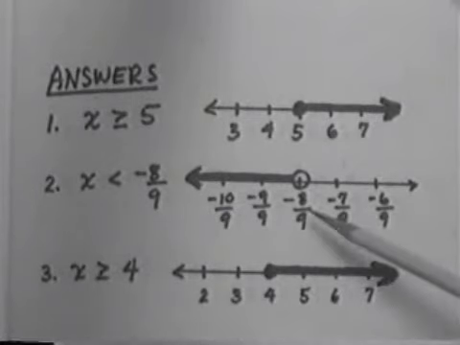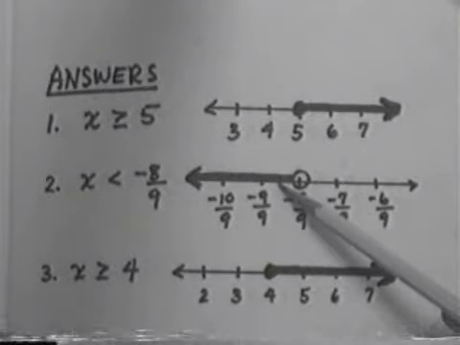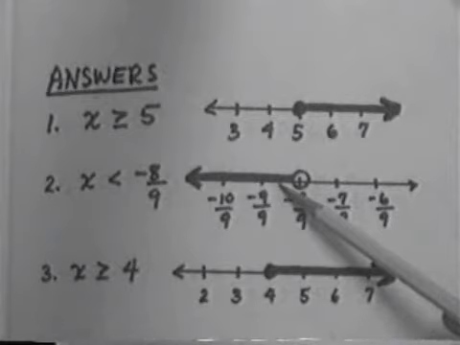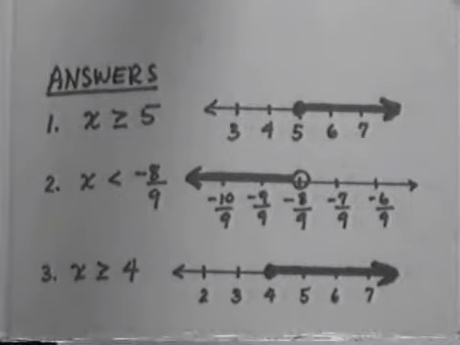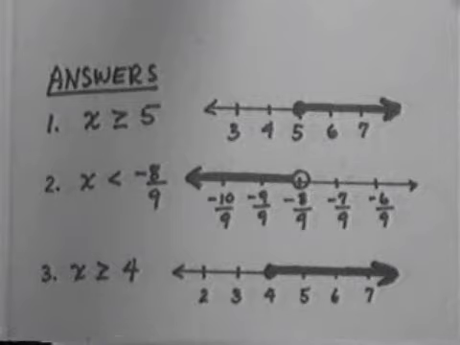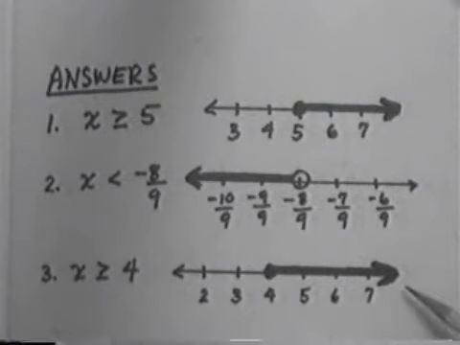The graph shows -8/9 as the boundary number, circle on that point and shading to the left. For exercise 3, x is greater than or equal to 4. On your graph, 4, the boundary number is filled in, and the shading is to the right.